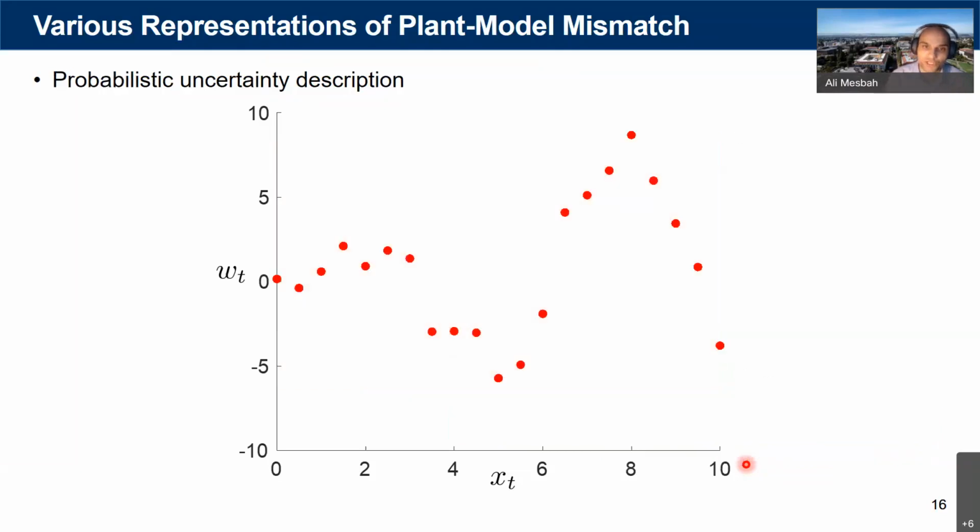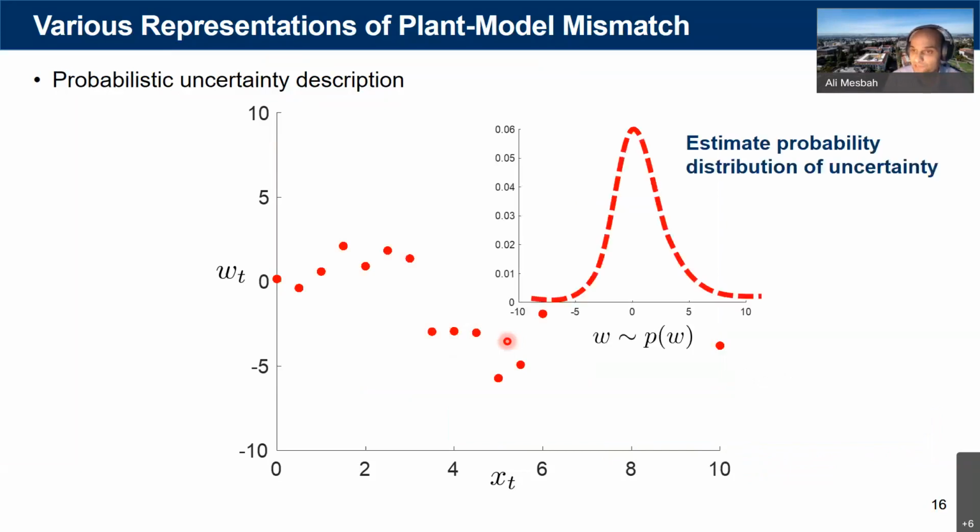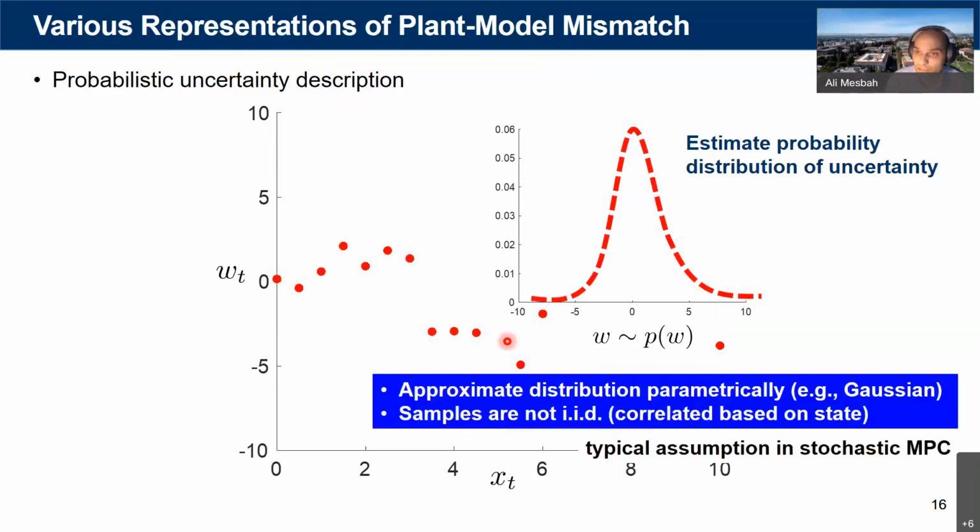So an alternative view is to use your data, these uncertainty realizations, again, these red dots, to estimate a probability distribution of the uncertainties in some parametric way. So, for example, you can approximate the distribution of your uncertainties using a parametric normal distribution, a Gaussian distribution.